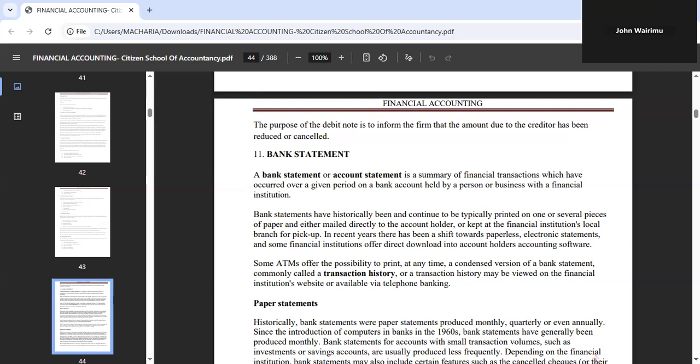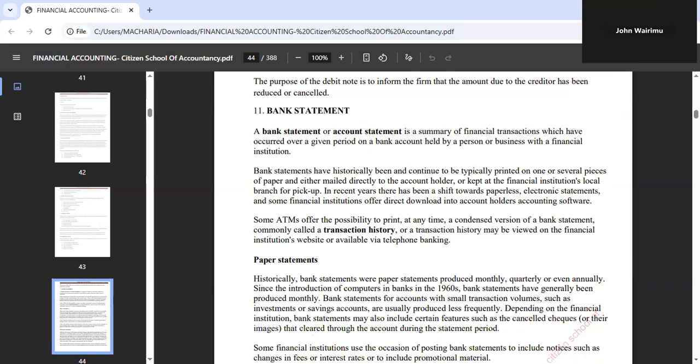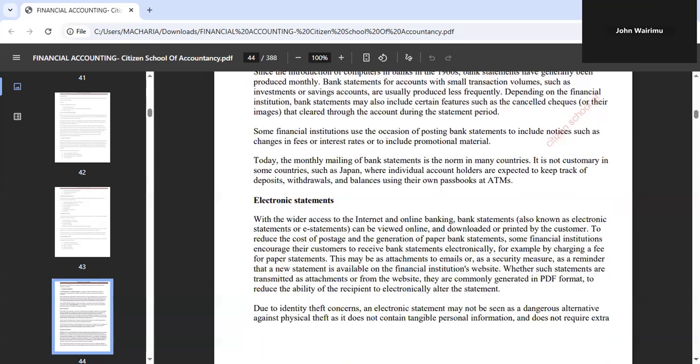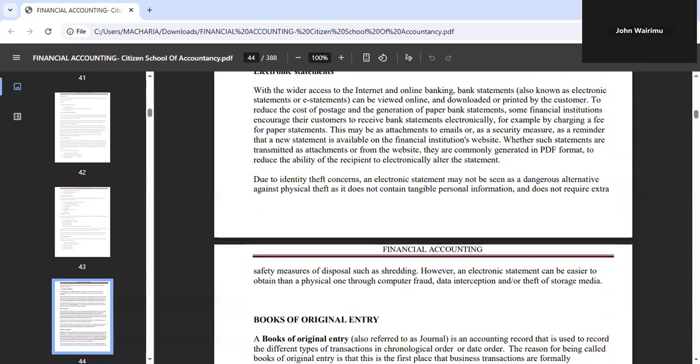A bank statement or account statement is a summary of financial transactions which have occurred over a given period on a bank account held by a person or a business with a financial institution. It can be issued as a paper statement, or electronically.